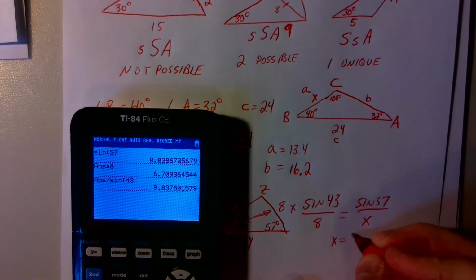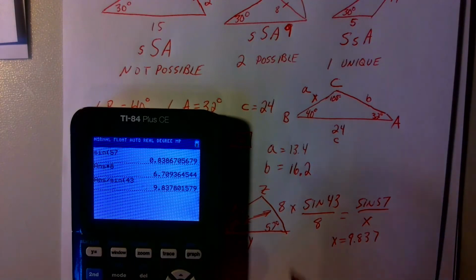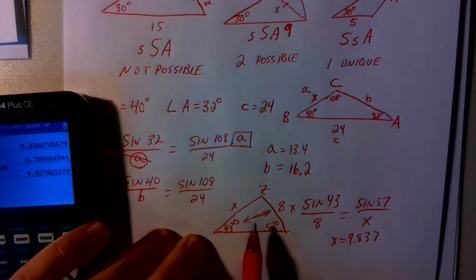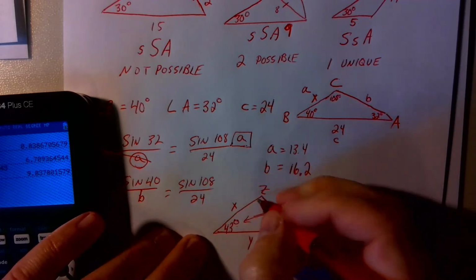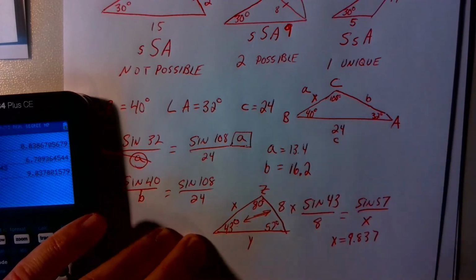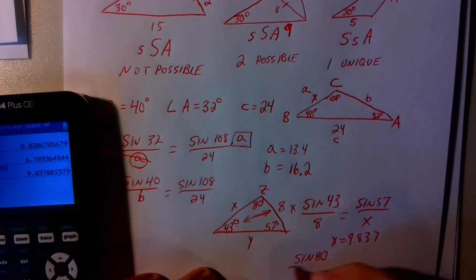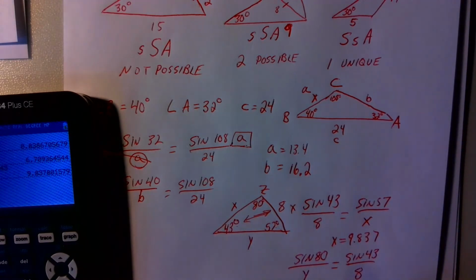So x is equal to 9.837. And then, again, you could find z by subtracting those two angles from 180. So 43 and 57 is 100, so that means z must be 80 degrees. Then I can do sine of 80 over unknown side y equals sine of 43 over 8, just like that.